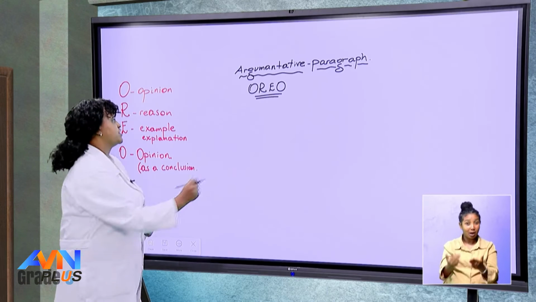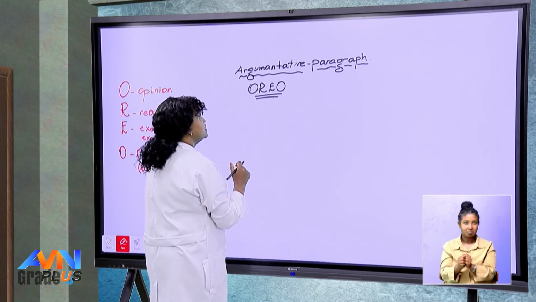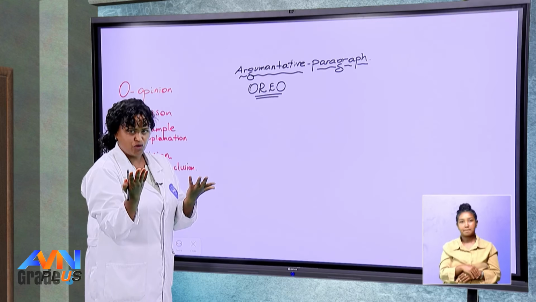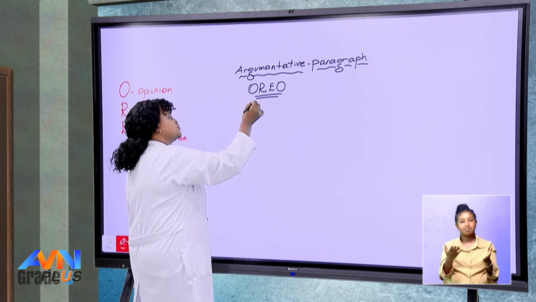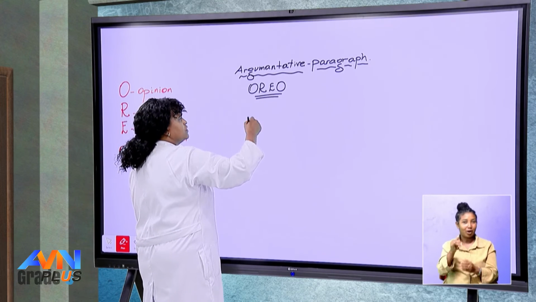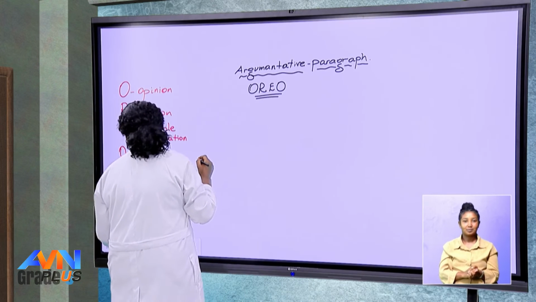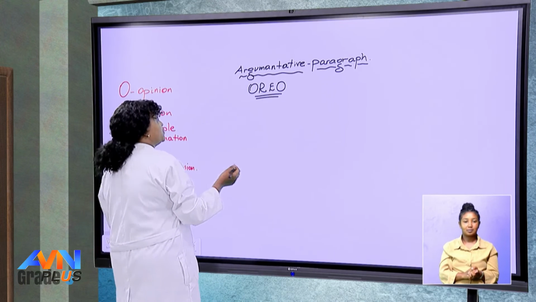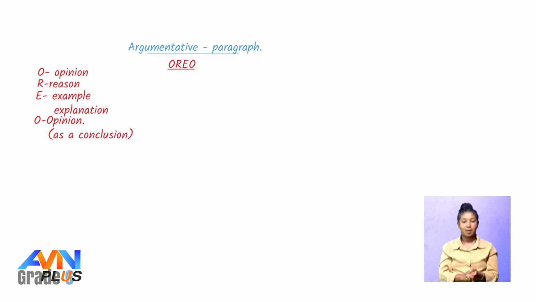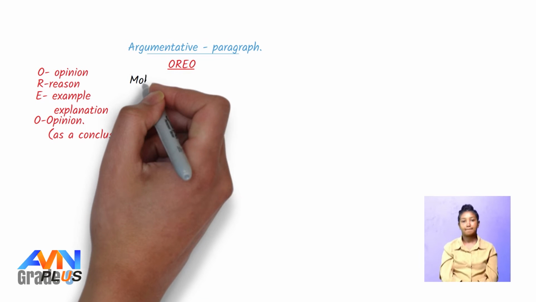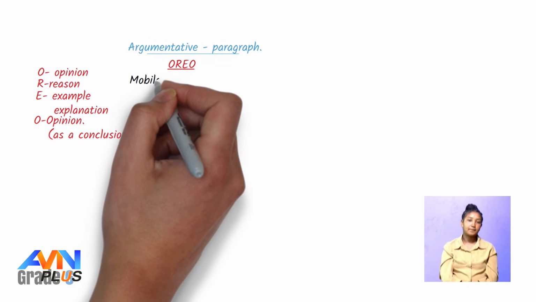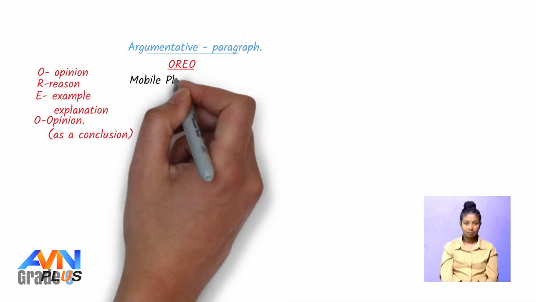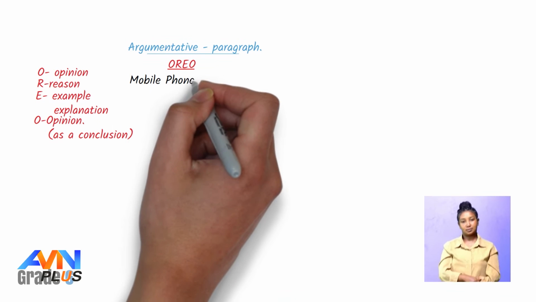Now let's write together. Let's use one simple topic: using cell phones or mobile phones at school. Okay? This is going to be our today's topic. Mobile phones at school.